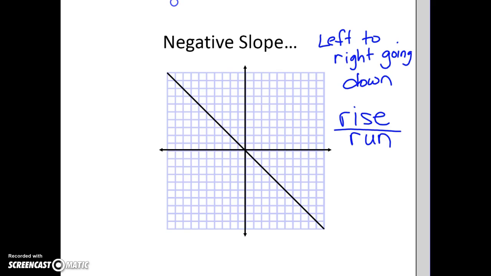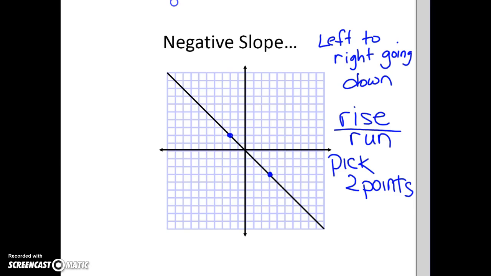So I'm still going to pick 2 points that clearly cross the grid. Let's see, let's take this point and this point.